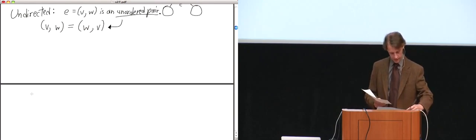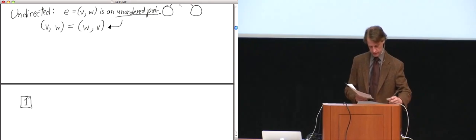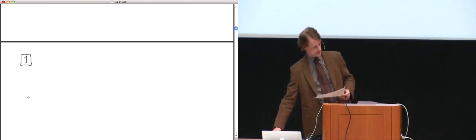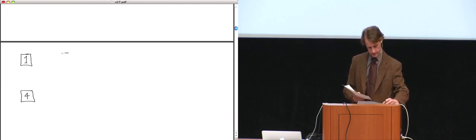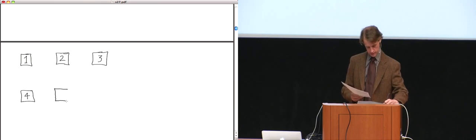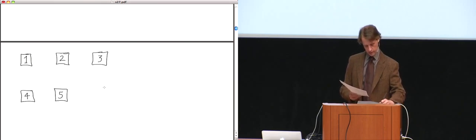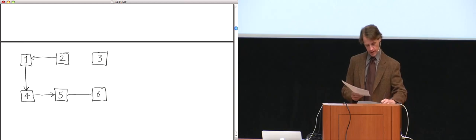So here's an example of a graph that you might find somewhat recognizable. I'm going to use the nodes of this graph to represent intersections. And I'm going to use edges as a way to represent ways to get from one intersection to the next intersection.